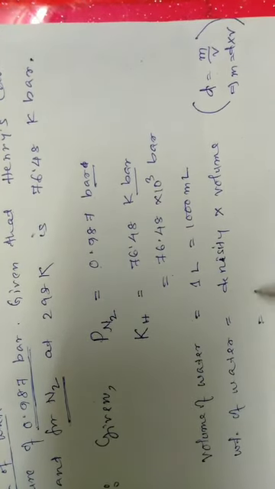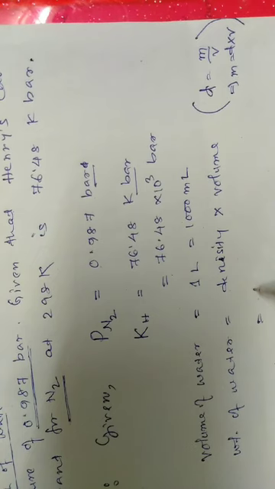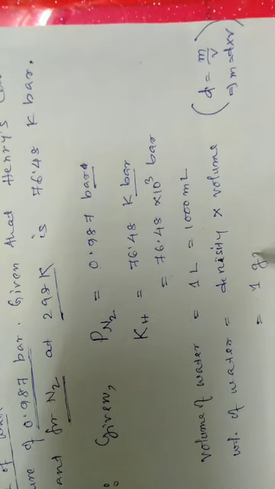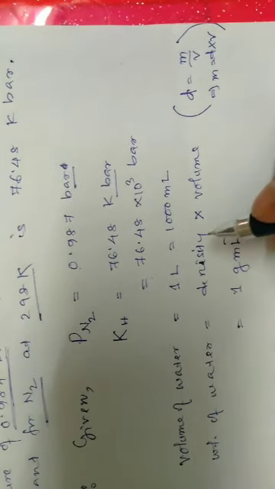Then the density of water at 25 degrees Celsius or 298 Kelvin is 1 gram per milliliter. You have to remember it.